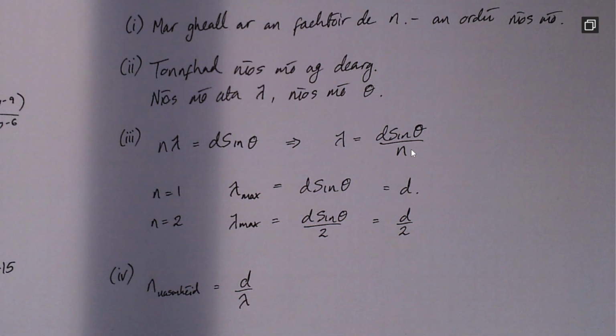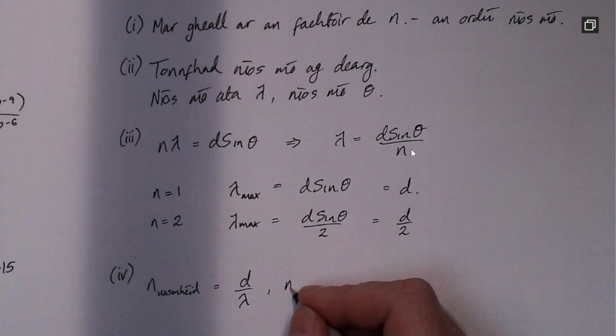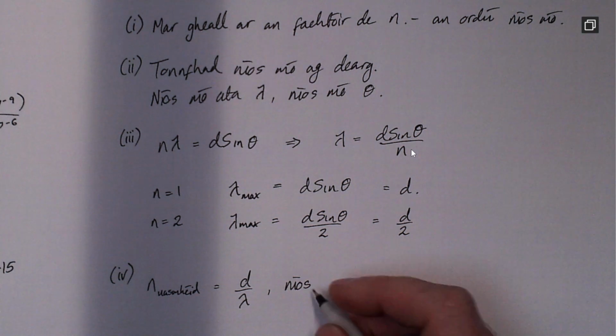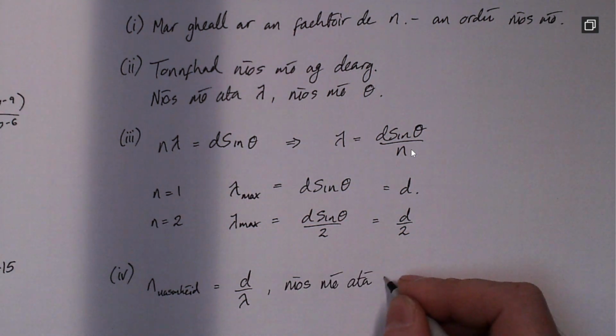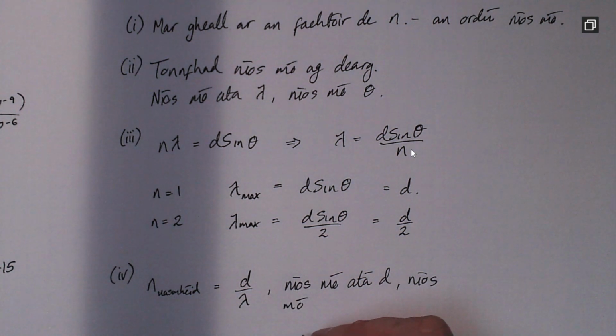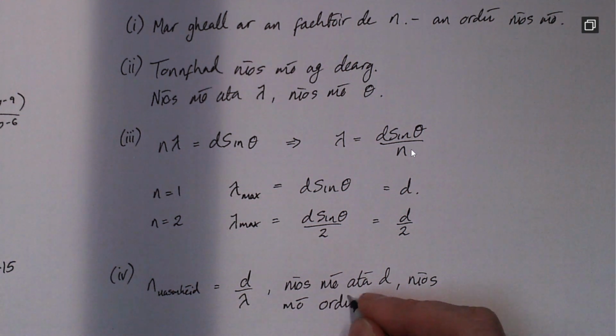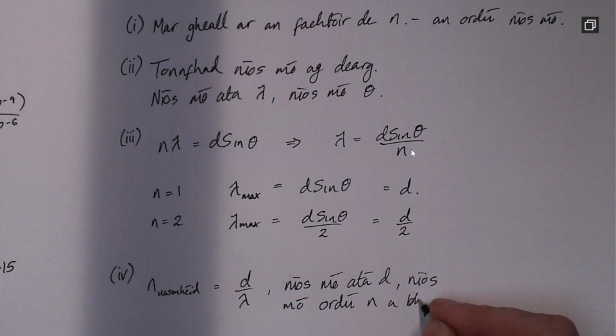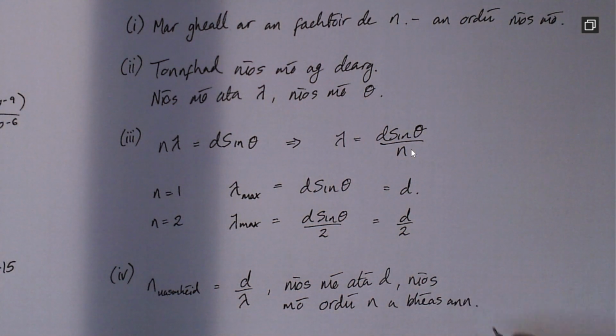If we change the grating, the bigger the d, the more orders. When d gets smaller and closer to the wavelength, we get fewer orders.